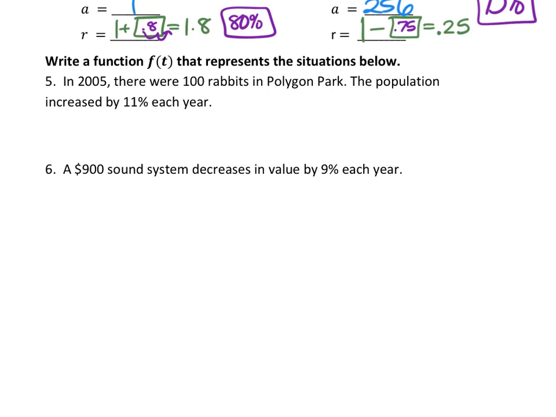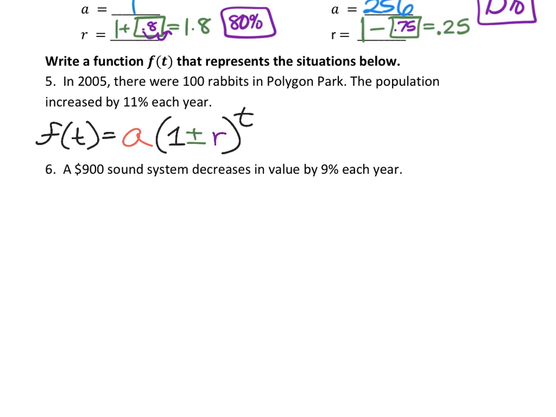All we need to fill in is the formula f of t equal to whatever a is, open parentheses 1 plus or minus whatever r is to the t power. There's 3 things you're going to be filling in from a word problem when it comes to growth or decay. You need to figure out where we started, if we're going to grow or decay, and what the rate is as a decimal.